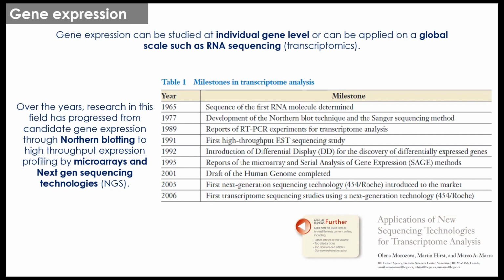So when you study individual genes or pathway-related genes, or when your research interest is only in a particular pathway and selected important enzymes, then you are not concerned about what is happening to other pathways and other genes within the cell. In that case, you go with an individual gene level gene expression study.